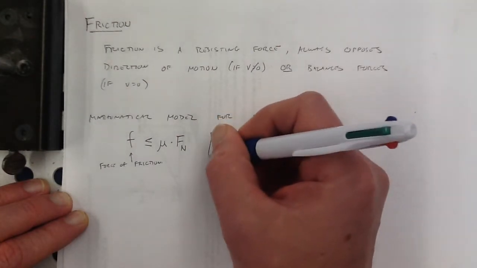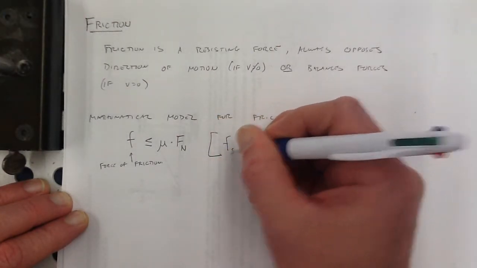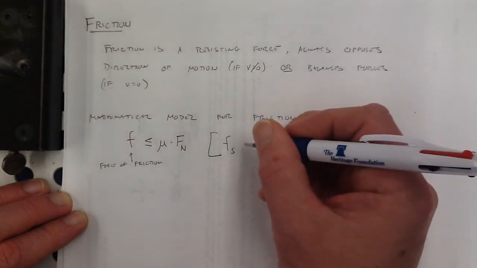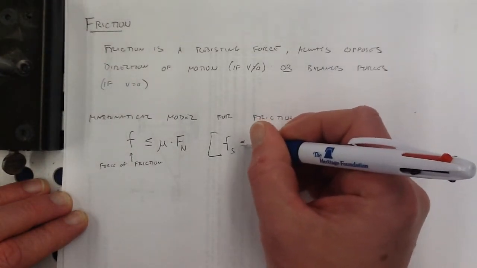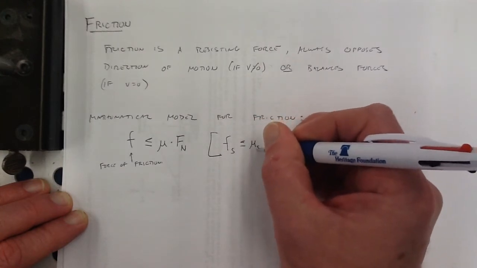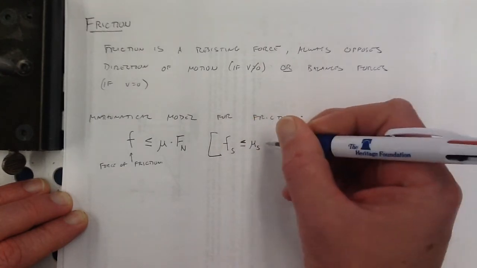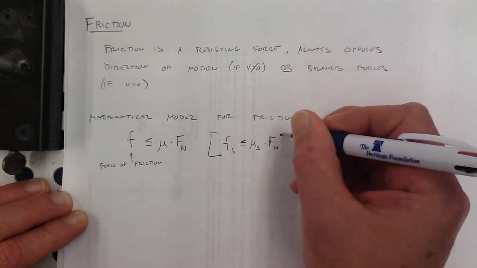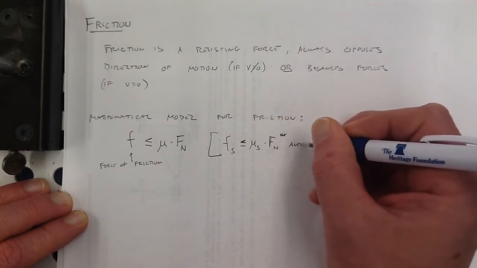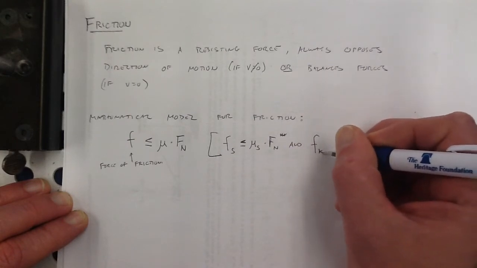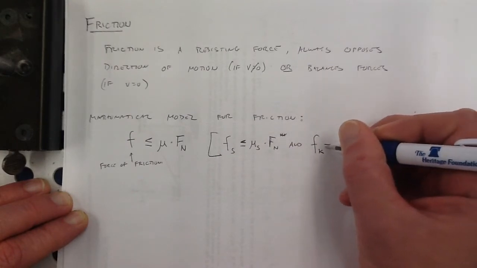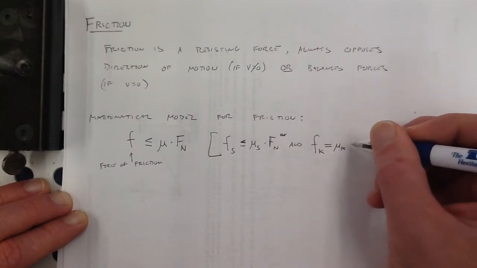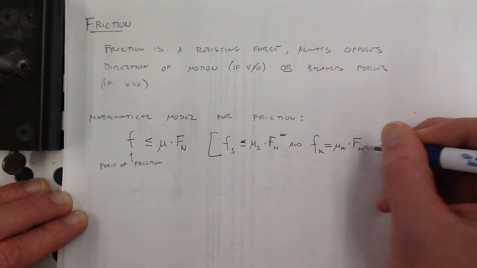For static friction, which we can write F with a little subscript there, static friction is less than or equal to some coefficient of static friction times the normal force, and kinetic friction is equal to the coefficient of kinetic friction times the normal force.